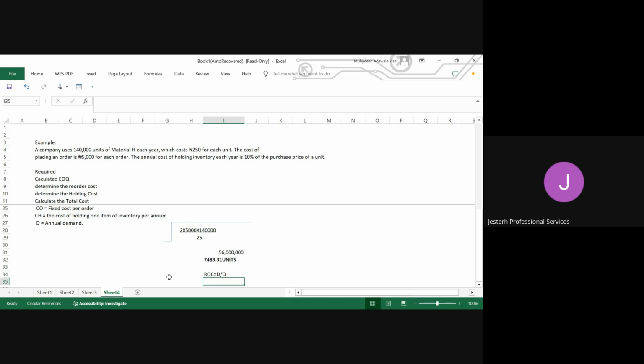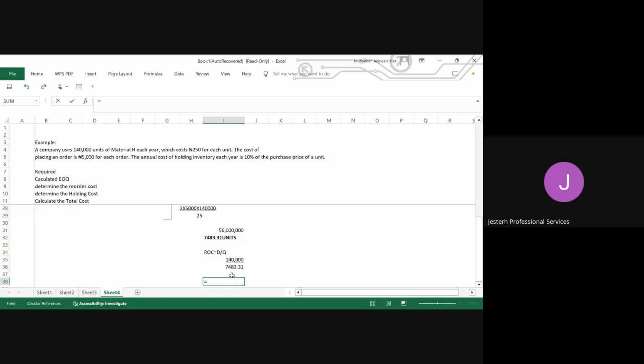Now, in this question, what is our D? Our D is the annual demand, which is 140,000. Then divided by Q. Our Q is the number of units that the organization needs to place in order to meet this annual demand of 140,000, which we have already arrived at here, 7,483.31.